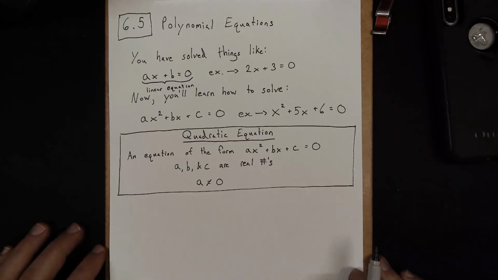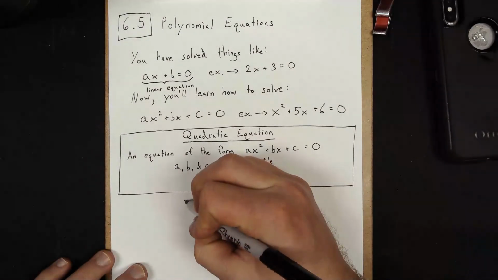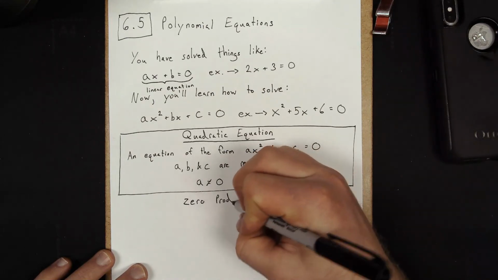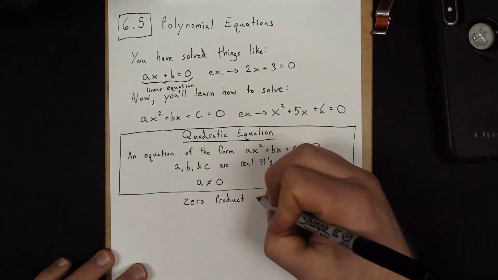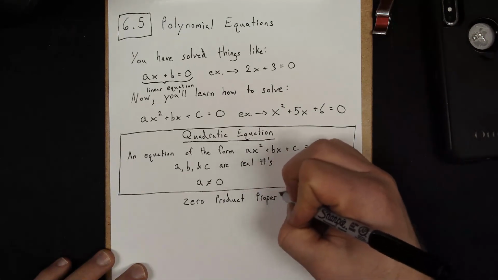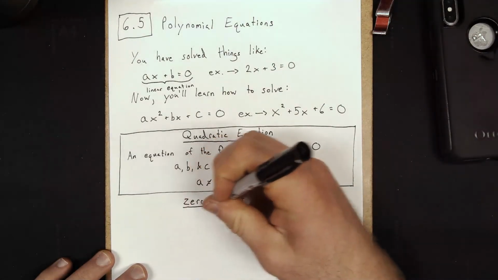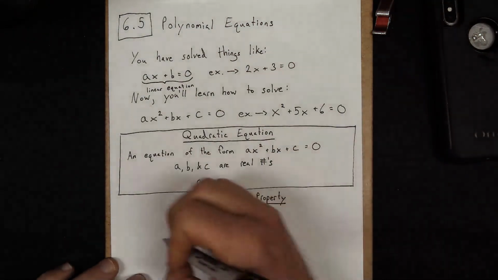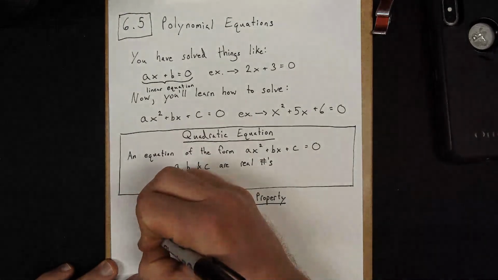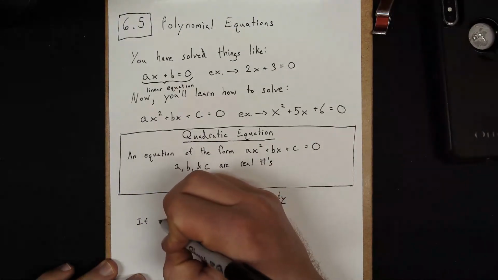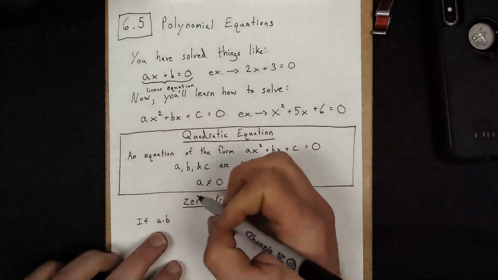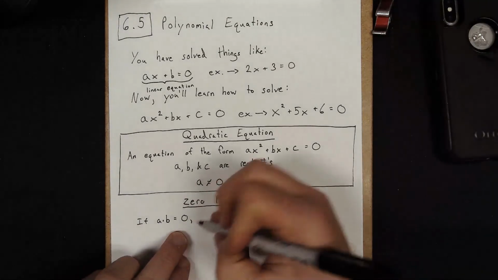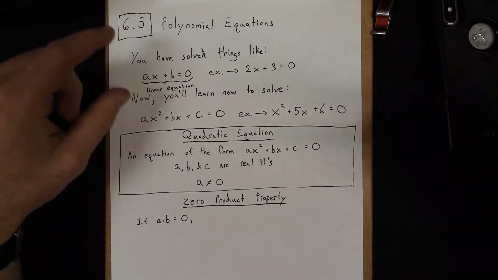One more thing: the zero product property. It goes like this. If we have some a times b, where a and b are just constant numbers, and a times b equals 0, pause the video and take a second to think.